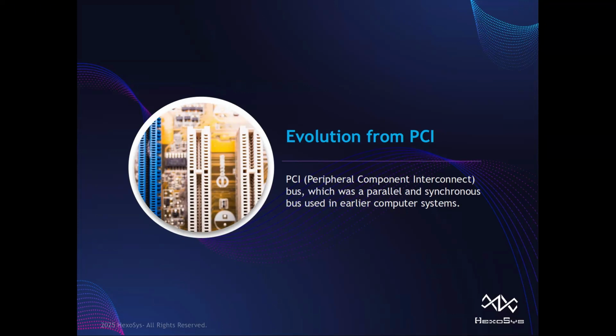Thanks to its higher speed compared to previous buses like ISA, and its better software control by providing a configuration space, it provided the means for plug and play configuration. That's why PCI quickly became the standard preferred bus in desktop and some embedded systems.